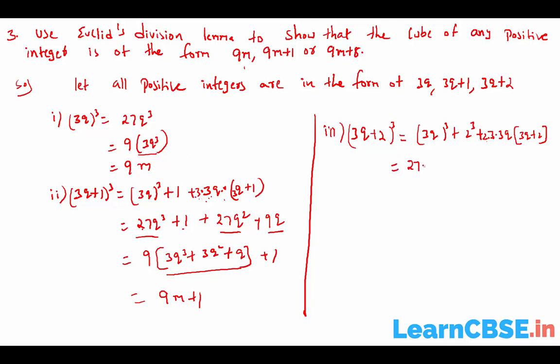This means 27q cube plus 8 plus 3 3s are 9, 9 into 2 is 18, 18 3s are 54q square plus 2s are 4, 4 9s are 36q.